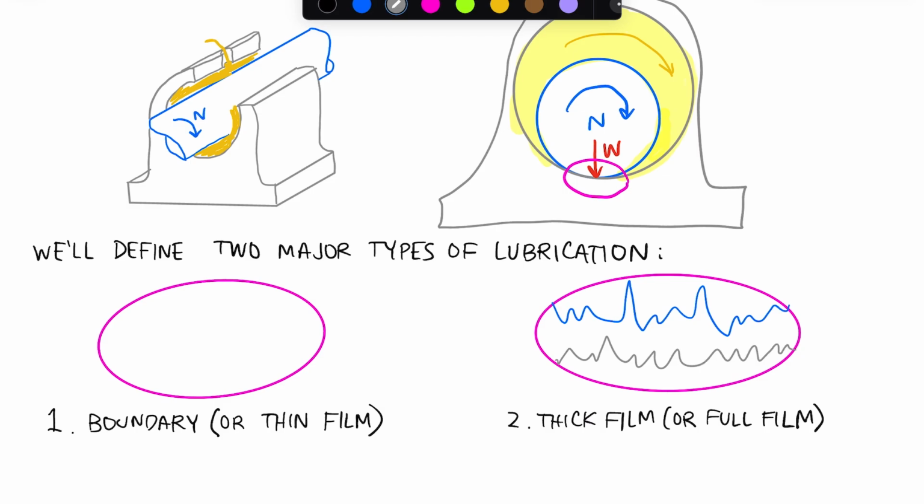For a full film lubricant, there will be a full layer of lubricant, as suggested by the name, that exists between these two surfaces. So nowhere will these surfaces actually physically contact one another.